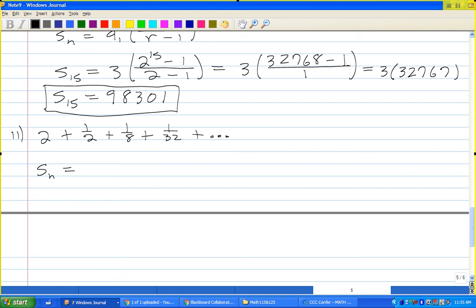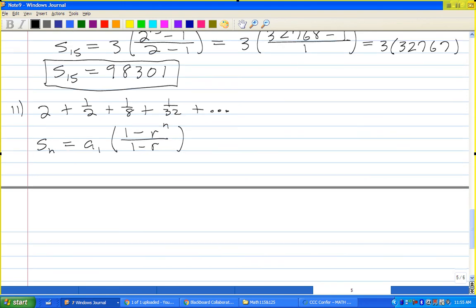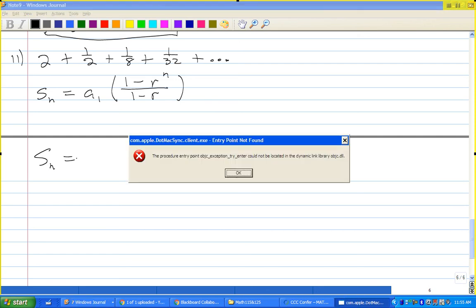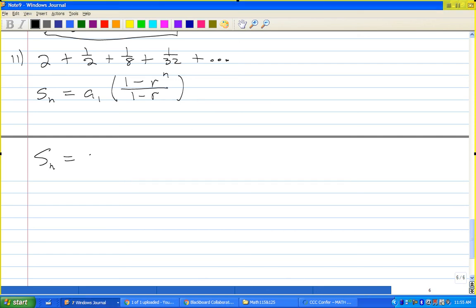The sum of the first n terms is a1 times 1 minus r to the n over 1 minus r. Once I know a1 and r, I can find a formula just in terms of n. So let's do this. The sum of the first n terms is, well, the first term is 2.